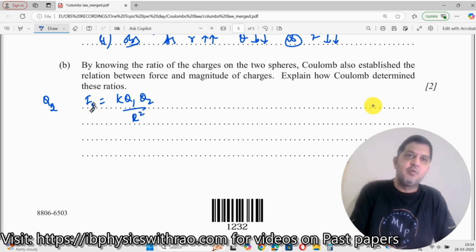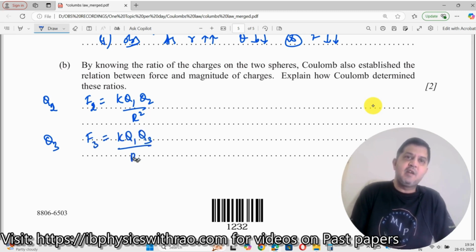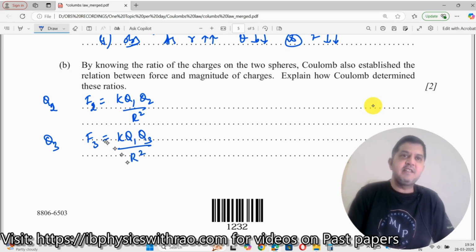With another charge Q3, F3 is equal to K Q1 Q3 divided by R square. Value of R is not changing, only F2 and F3 are changing because of Q2 and Q3.